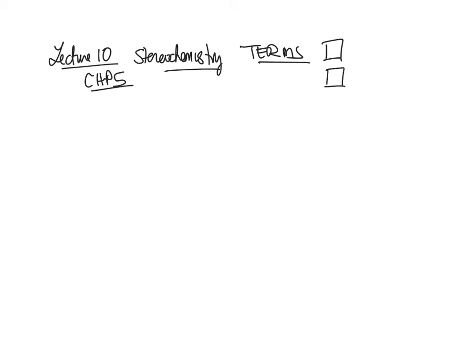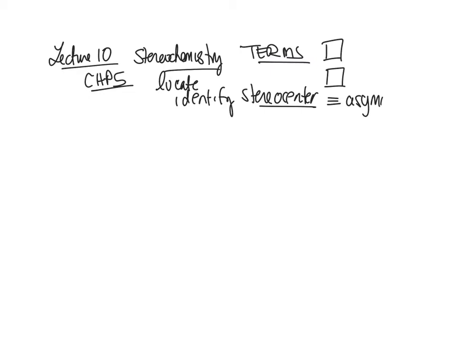The other learning objective for this lecture will be being able to locate and identify a stereocenter. A stereocenter is also known as an asymmetric carbon, and I will tell you how to do that.